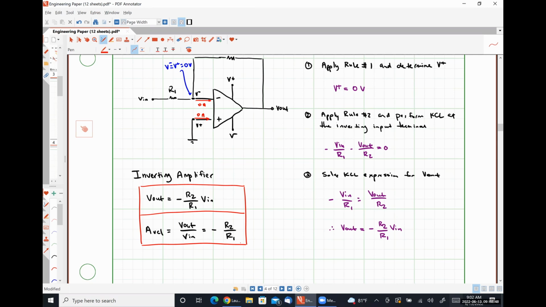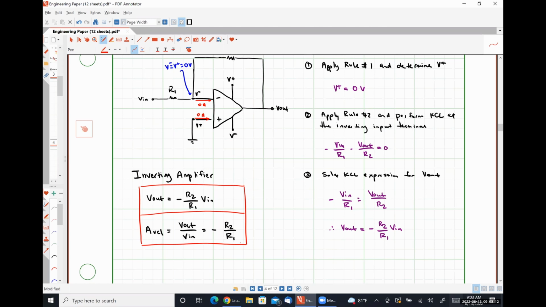I want you also to notice that for this particular amplifier circuit, we can get amplification, meaning the magnitude of our output signal can be larger than the magnitude of our input signal. But we can also get attenuation, meaning the magnitude of our output signal could be smaller than our input signal.